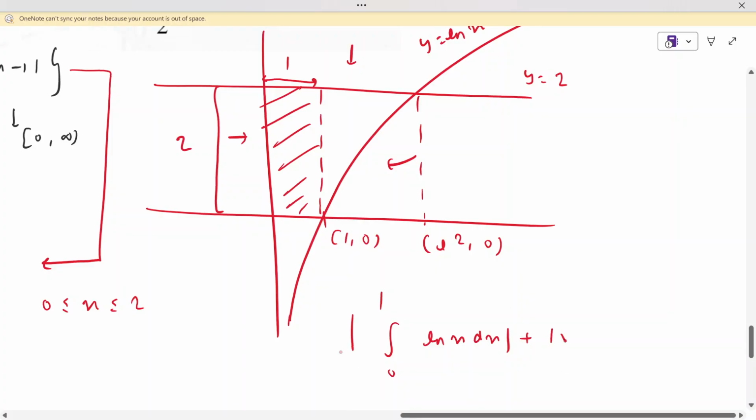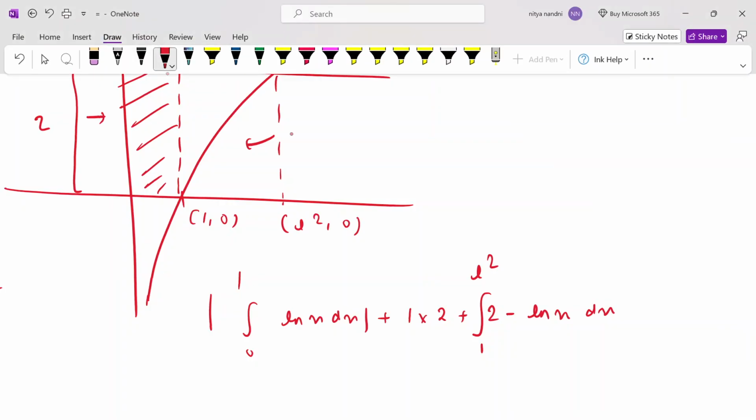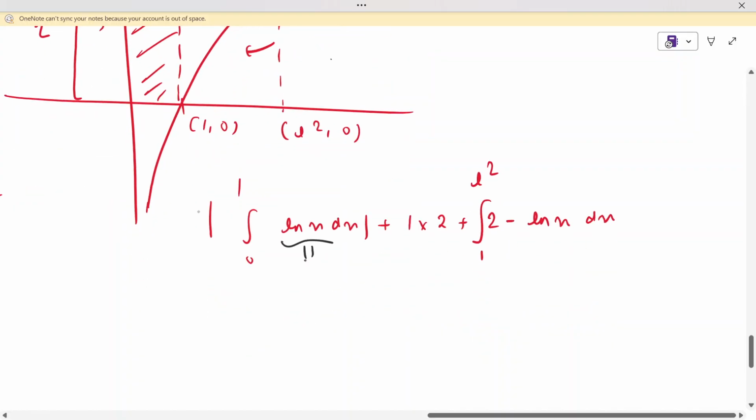One, integrate y equal to 2 minus ln x. If I know the integration of ln x is x ln x minus x, from 0 to 1: ln 1 minus 1 minus 0 minus 0.